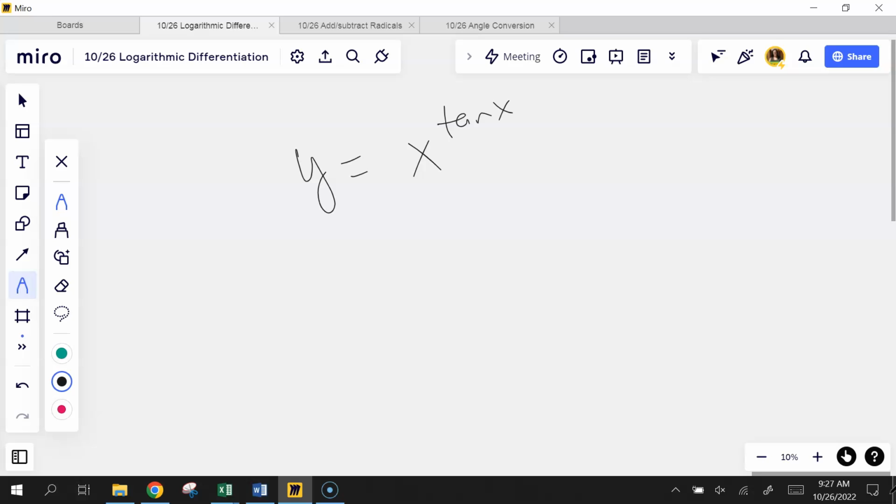This is actually number 50. You try this one. See if you can get it. Use logarithmic differentiation to find dy/dx.